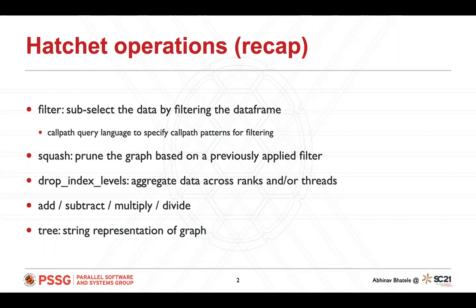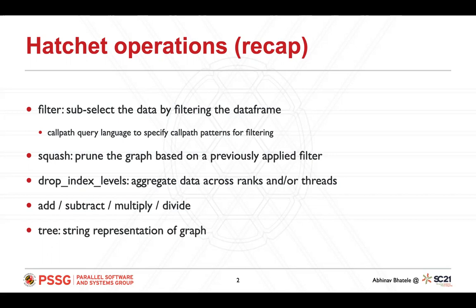This is actually a vector operation where we add or subtract corresponding nodes in two different graphs. Finally, the tree function in Hatchet helps us get a string representation of the graph, which a user can use to print the tree to standard out.